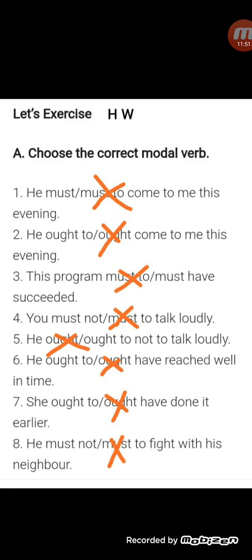This program must have succeeded. You must not talk loudly. He ought not to talk loudly. He ought to have reached well in time. She ought to have done it earlier. He must not fight with his neighbor.